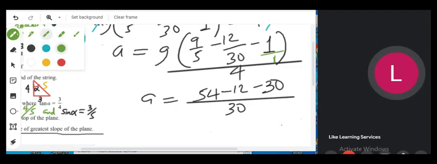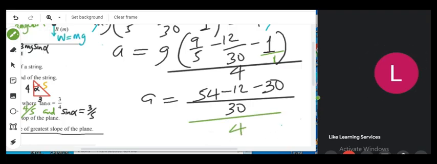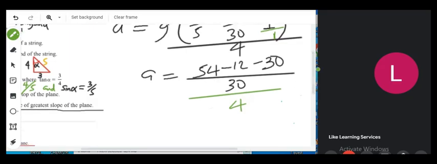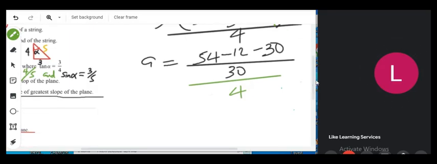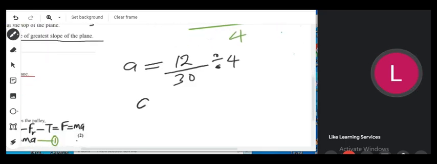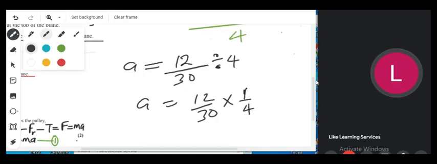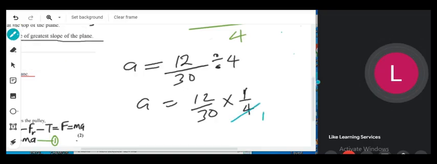Before we divide by 4, the upper one is 12 over 30 divided by 4, or 12 over 30 times 1 over 4. 4 here gives 1, 4 here gives 3, and 3 here gives 1, here 10.